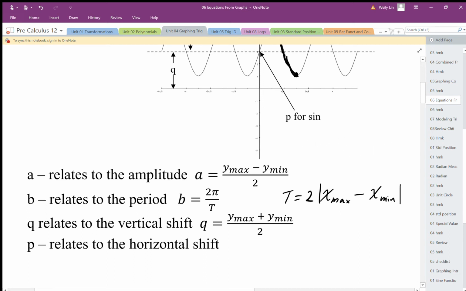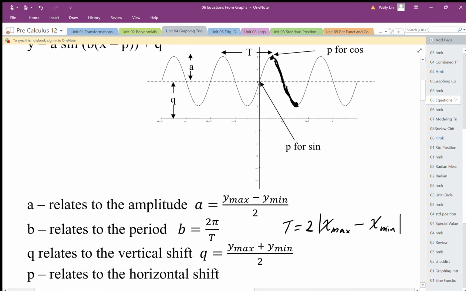P relates to horizontal shift, and it differs depending on whether they're talking about sine or cos. If we're talking about sine, we're talking about the position in here. If we talk about cos, we talk about that position here. Essentially, there's lots of positions we could use, and they all are related by 1 quadrant or 1/4 period.